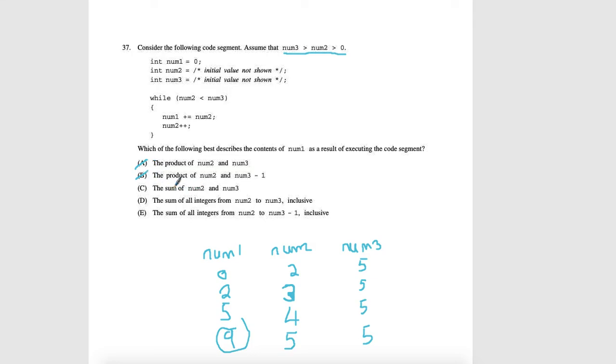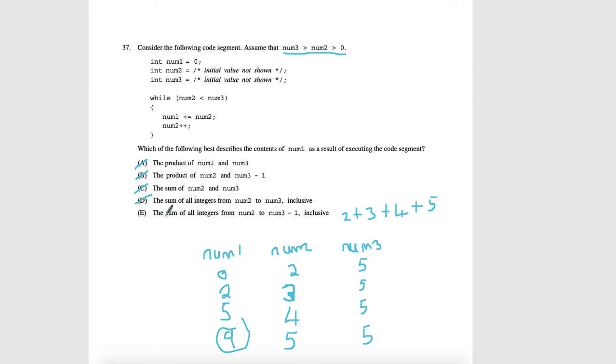We're looking for 9. The sum of num2 and num3, that's 2 plus 5, which is 7. Again, incorrect. The sum of all integers from num2 to num3 inclusive. So that would mean 2 plus 3 plus 4 plus 5, which is larger than 9, so that doesn't look good.